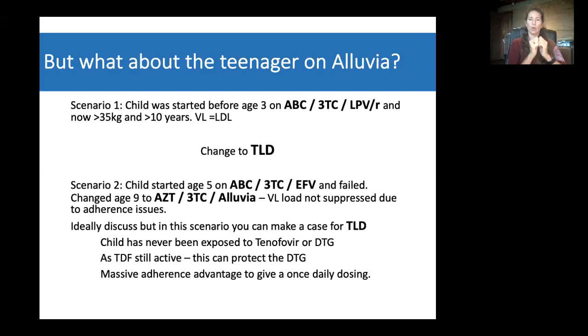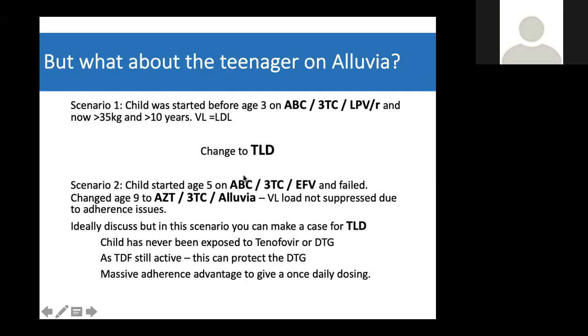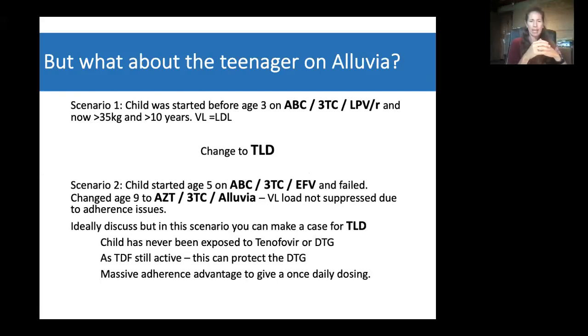The reason why it's not an automatic, oh, sure, let's just use TLD, is because there's always a small chance of mutations, cross-resistance between abacavir and tenofovir. The risk is not very high, and this is one of those harm-benefit ratios.